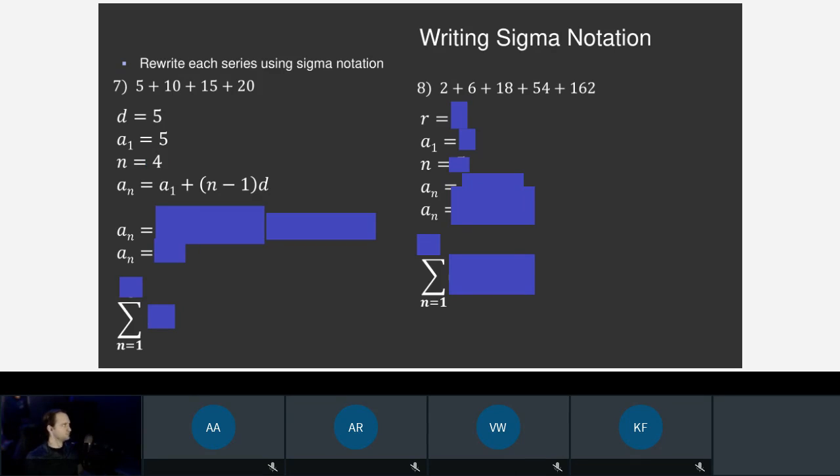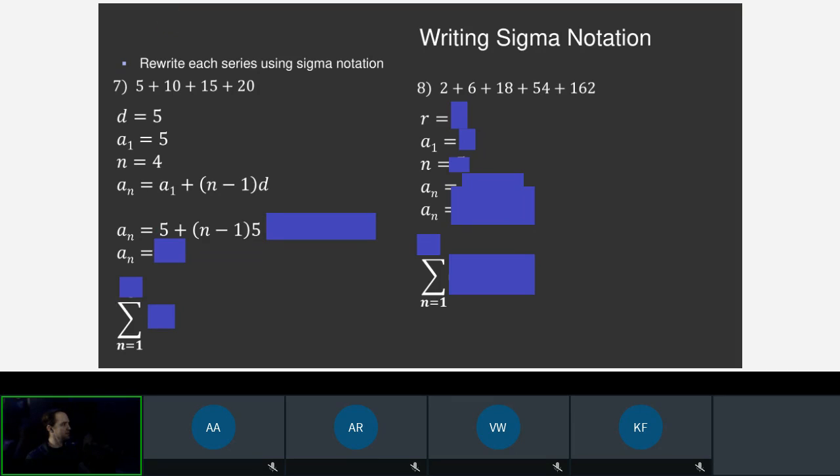Adding 4. Yep. So because we know it's an arithmetic sequence, we can use the arithmetic formula, and we can plug in this stuff that we identified. Plug in your first term, plug in the number of terms, and then plug in the common difference.